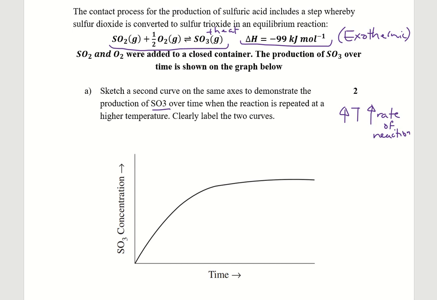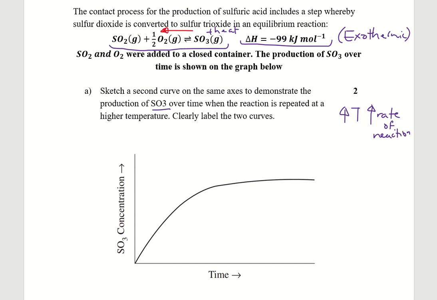But this is an exothermic reaction. So by increasing temperature, what I'm actually doing is driving this reaction towards the left, so it's favoring an endothermic reaction. Increased temperature always favors the endothermic reaction, in this case the reverse.